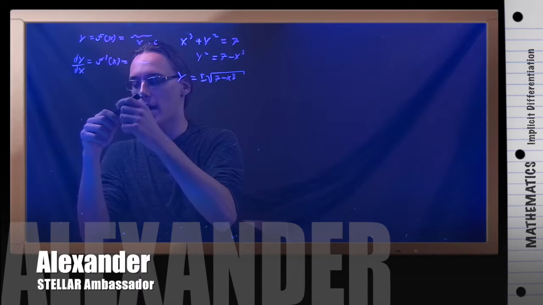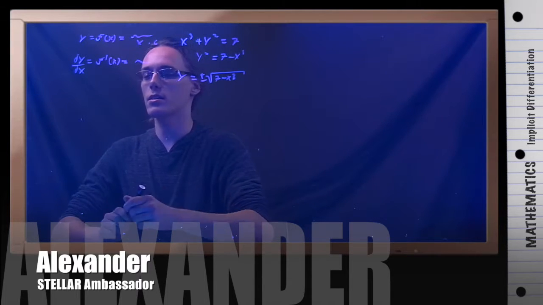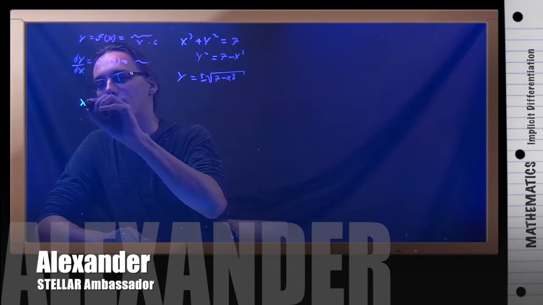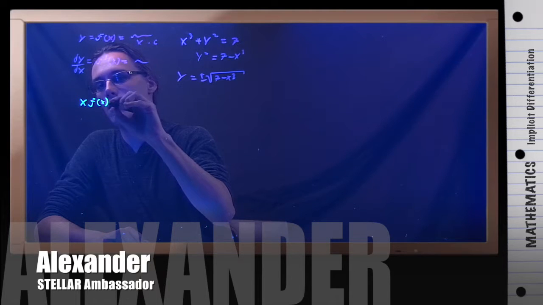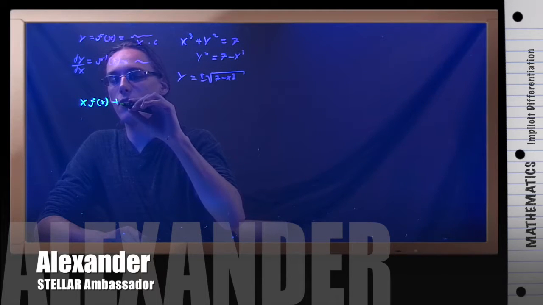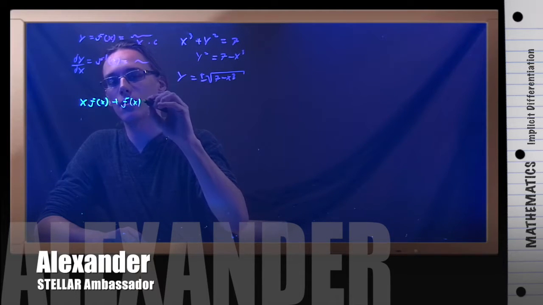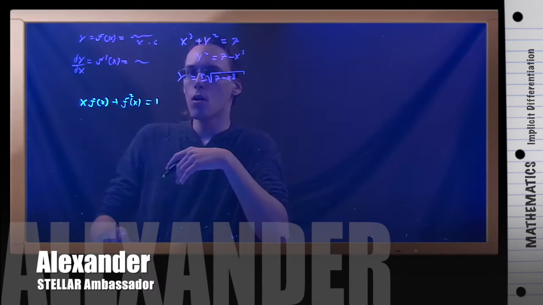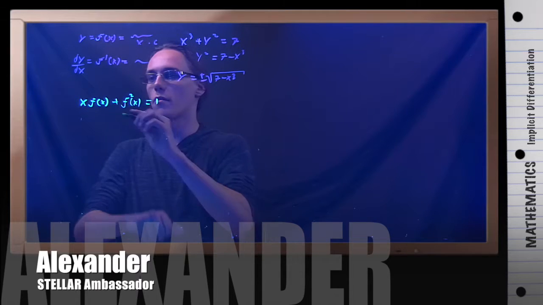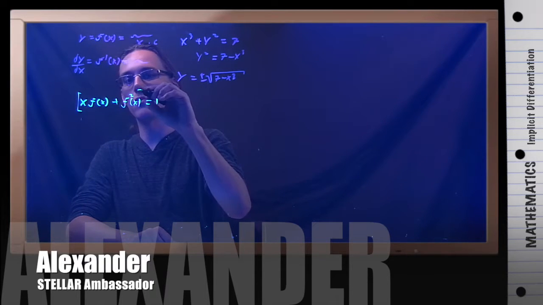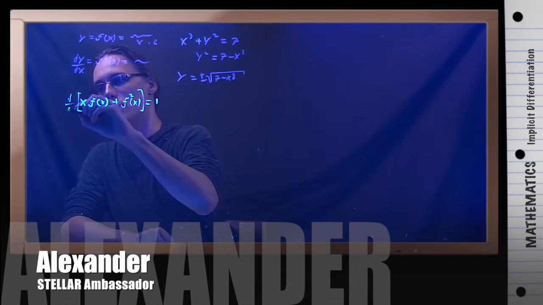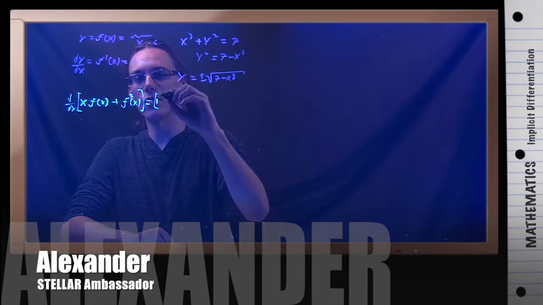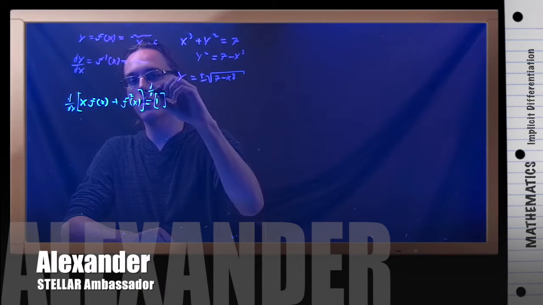So say, to go back to the symbolic way of writing this, we had something like x times f of x plus some other function of x, maybe squared, equals 1 or something like that. Well, what we could do is just take the derivative of both sides. Take the derivative of this side with respect to x, and take the derivative of this side with respect to x.